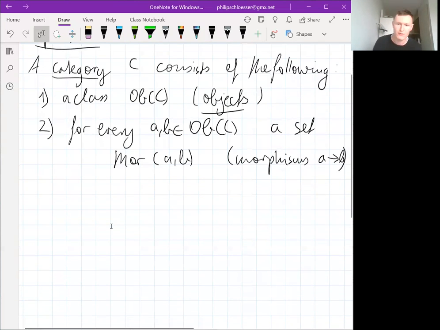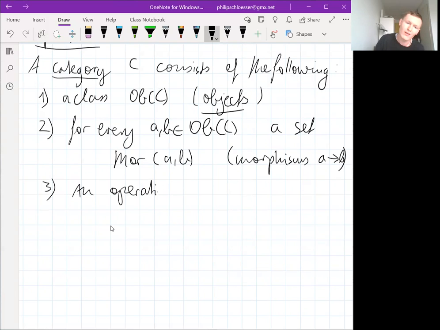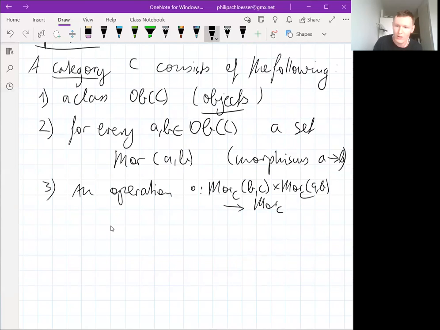And we have an operation circle from, well, suppose we have 3 objects, then it goes from more BC, more AB to more AC, called composition.